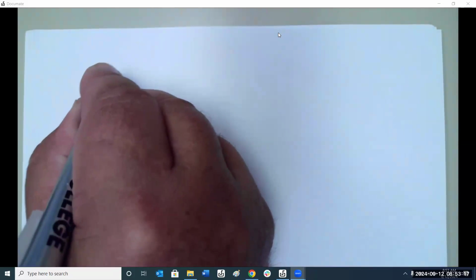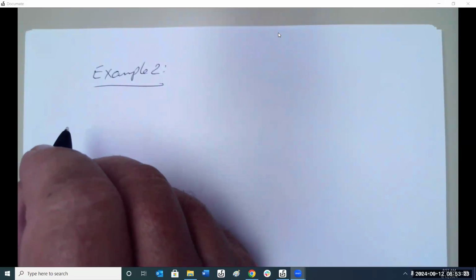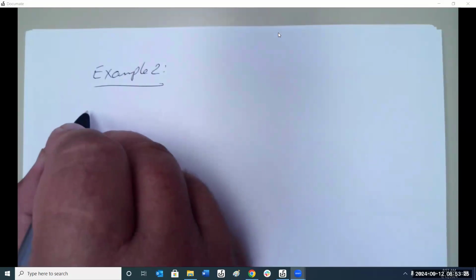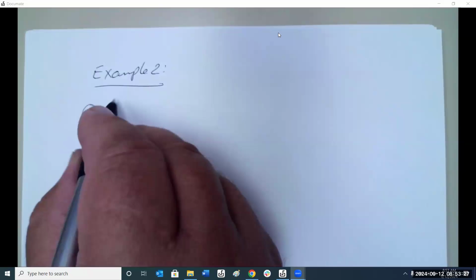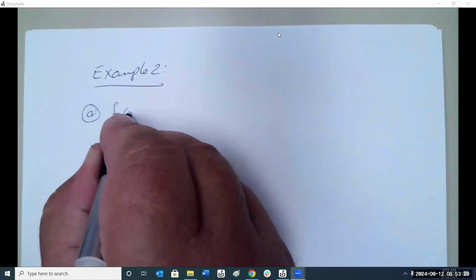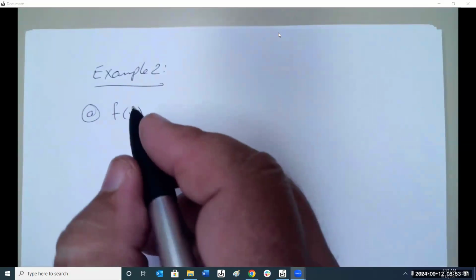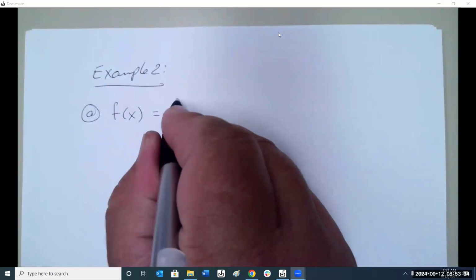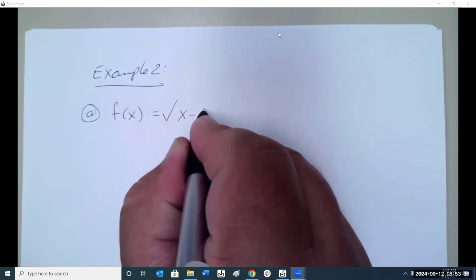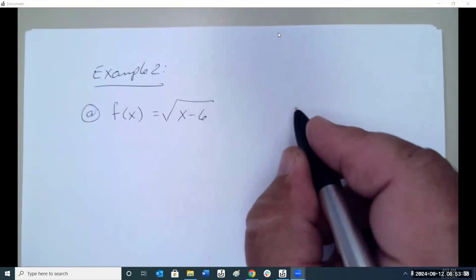All right, let's look at example 2. It says, find the domain of the function. Again, I don't know why they throw this in here, but we haven't talked about these functions yet.